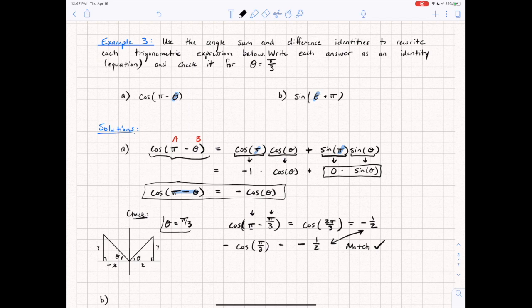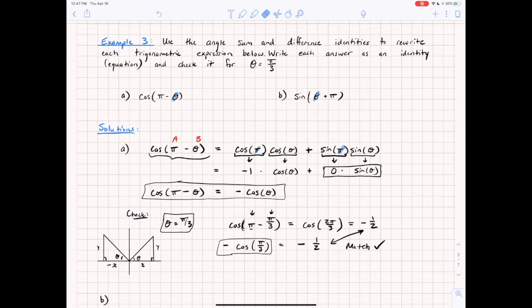So for pi over 3, if you go to 2 pi over 3, they have the exact same x coordinates, except 2 pi over 3 is negative. So we need to negate our answer from pi over 3 so that it would balance and now it would work. All right, so that's the identity. That's what this first part is essentially describing as an equation. It's just that reference angle relationship there.